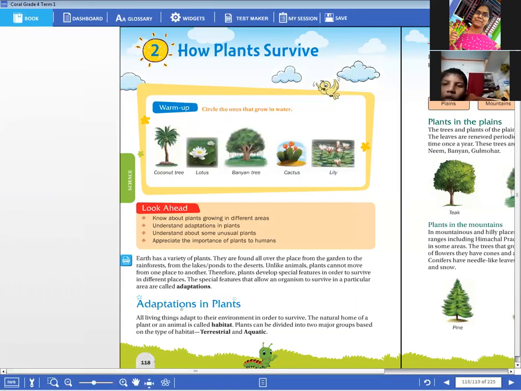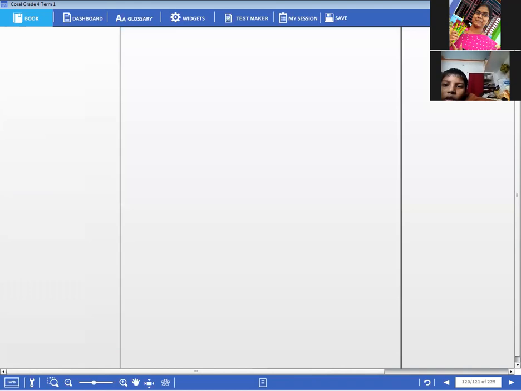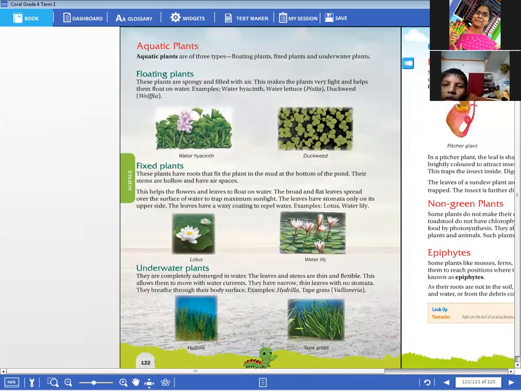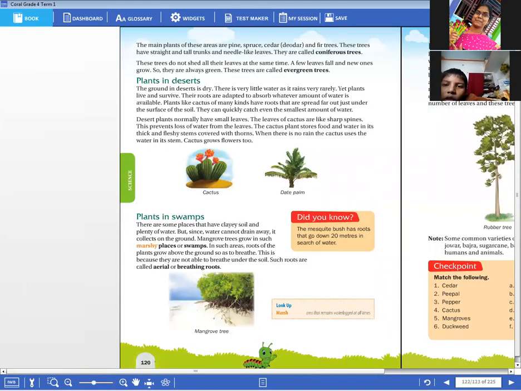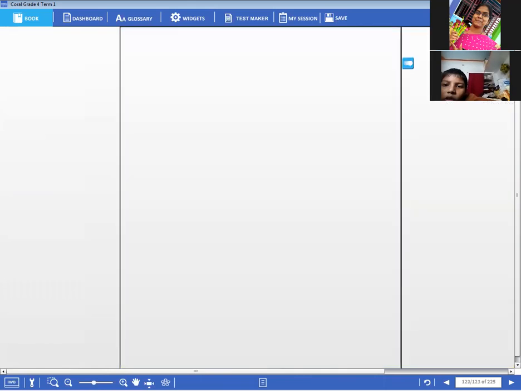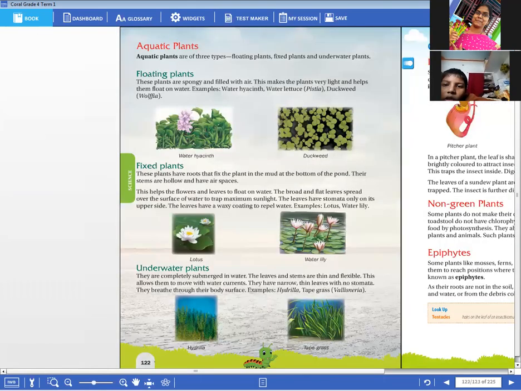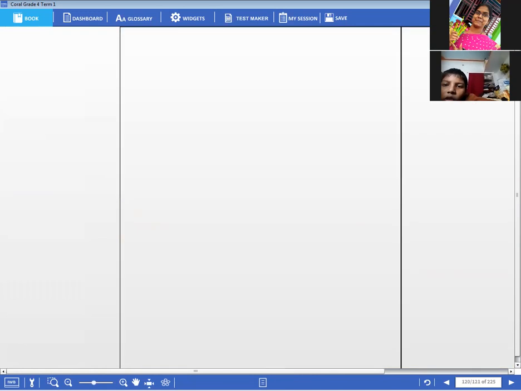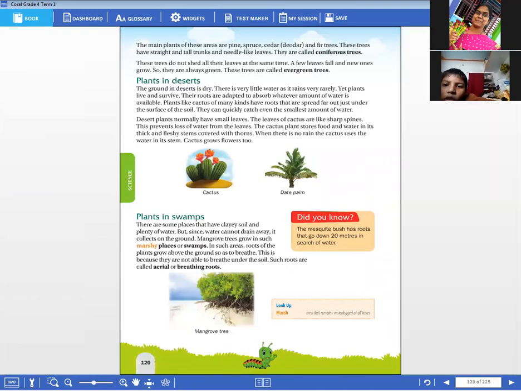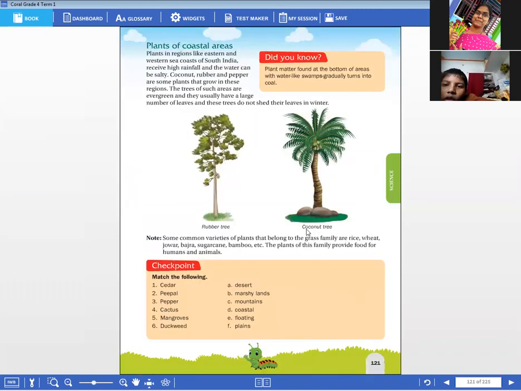Okay, children. Please note down the hard words in today's lesson. Please note down the hard words in today's topic, children.